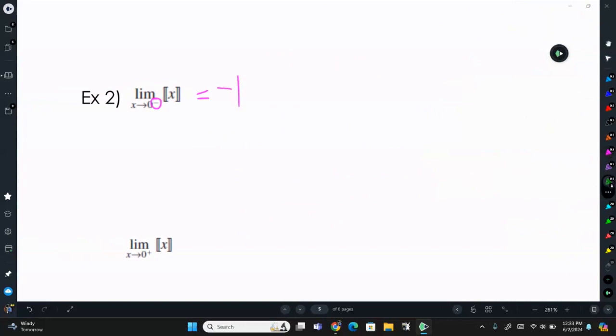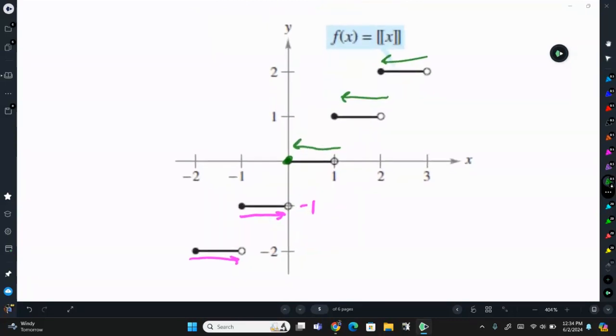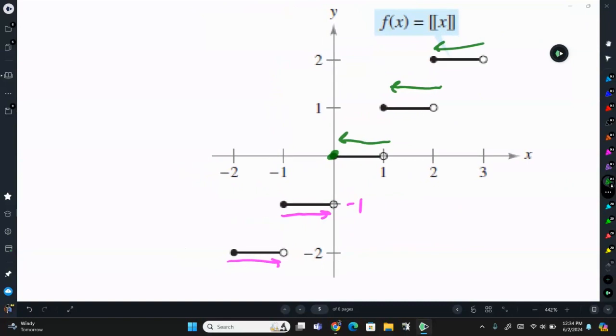Now from the right, okay, going from the right, and down here, we are defined at x equals 0, and the y value is 0. But again, we're talking about the limit. As our x value gets closer to 0 from the right side, the y value is 0.